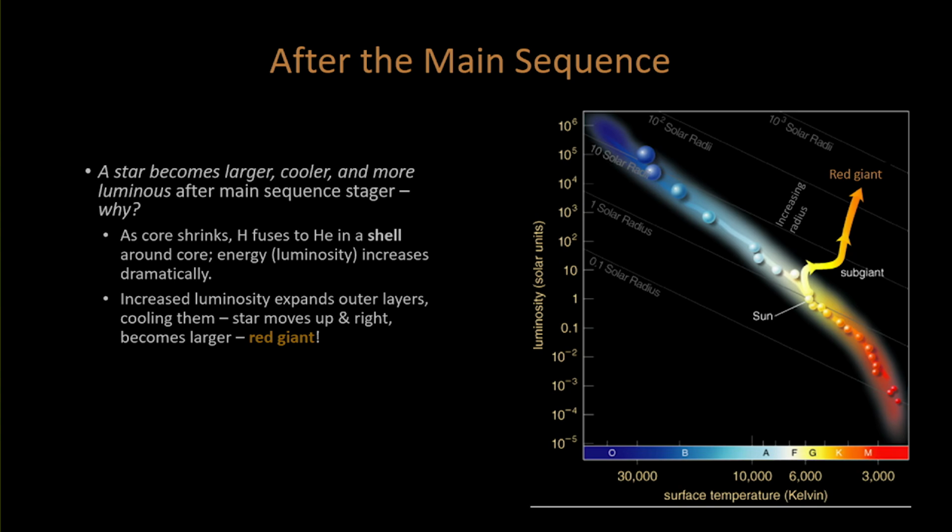This shell of fusion, the overall luminosity of our star increases, it moves up. The outer layers are expanding farther from the center, so they are going to be a lower temperature than they were. Our star shifts right on the diagram. Okay, we now have what we call a red giant star.